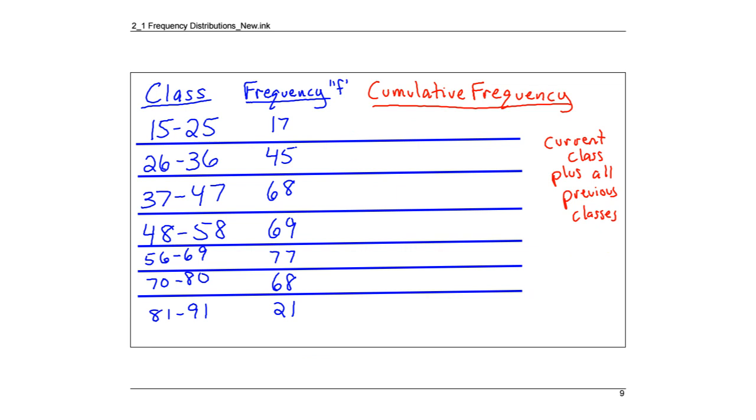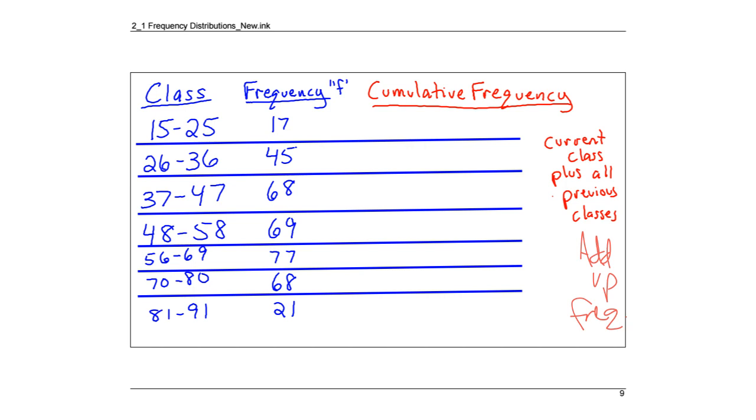Okay, this one's a little trickier until you get the hang of it, and then you'll just whip right through cumulative frequency. So what happens is you're going to look at the row you're in plus everything before it. So for the cumulative frequency, you're going to look at the row that you're in plus everything before it, and you're going to add up all of those frequencies.